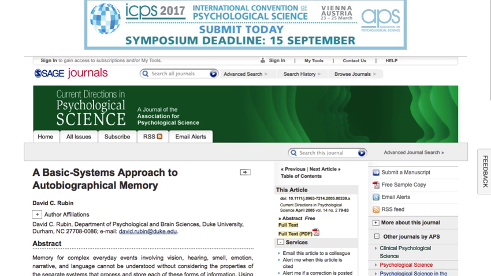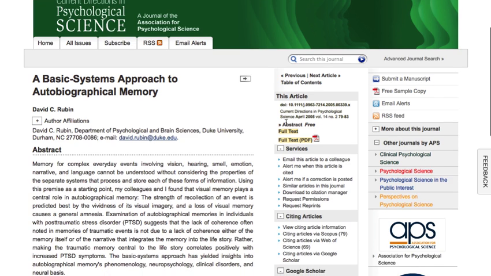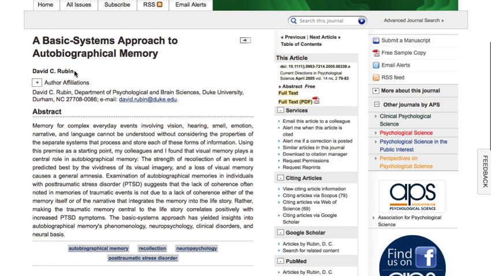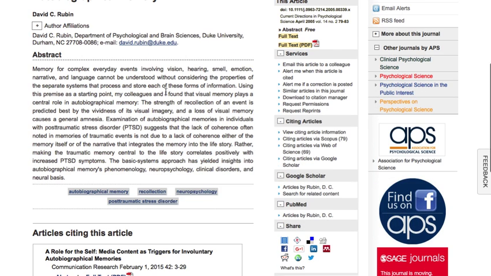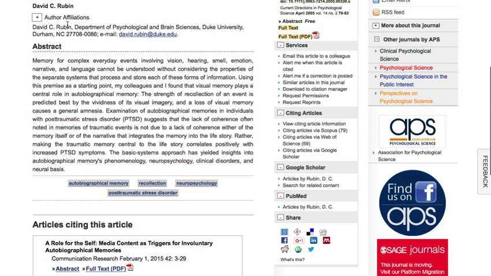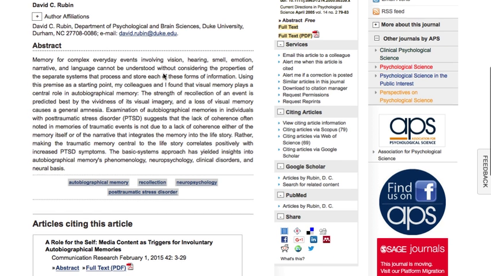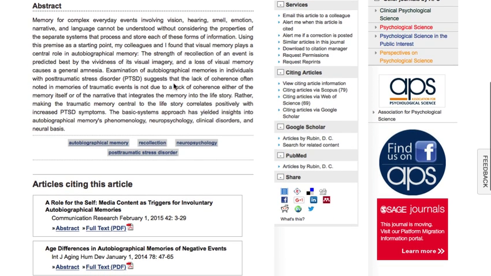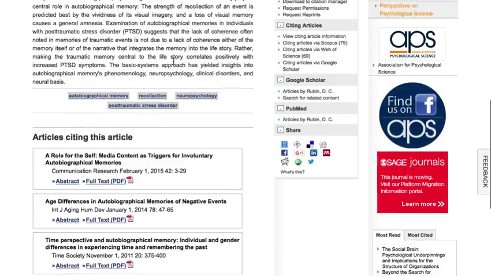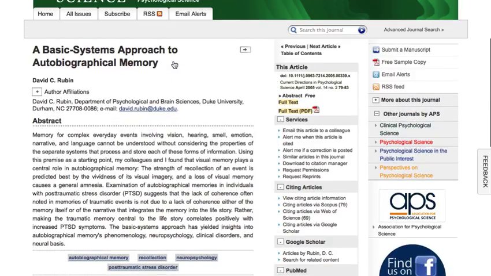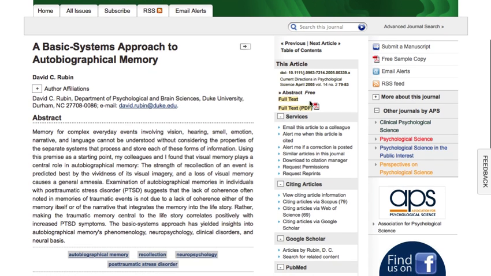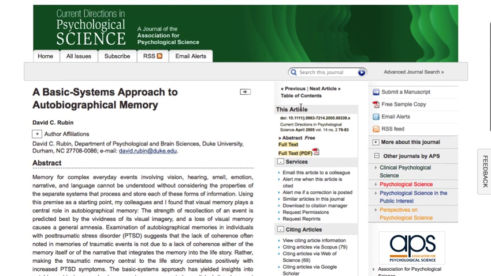And so if we come over here, a basic systems approach to autobiographical memory, David C. Rubin. So we've got the abstract. We can see Rubin is from the Department of Psychology and Brain Sciences at Duke University. Obviously, this may be behind a paywall.